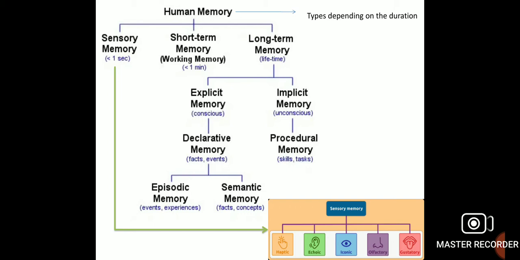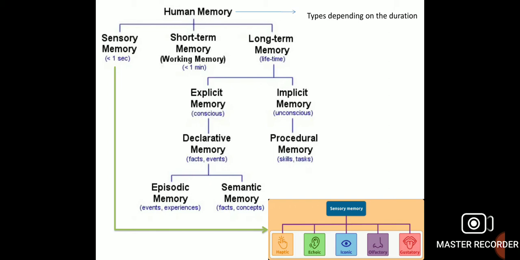Sensory memory lasts for less than 1 second, short term memory lasts for less than 1 minute, and long term memory lasts a lifetime. Short term memory is also called working memory, and long term memory is called lifetime memory. So what are sensory memories?